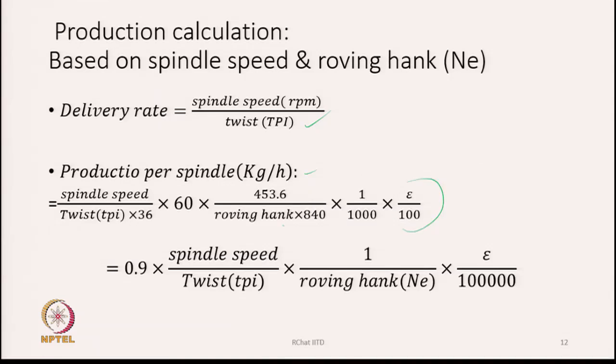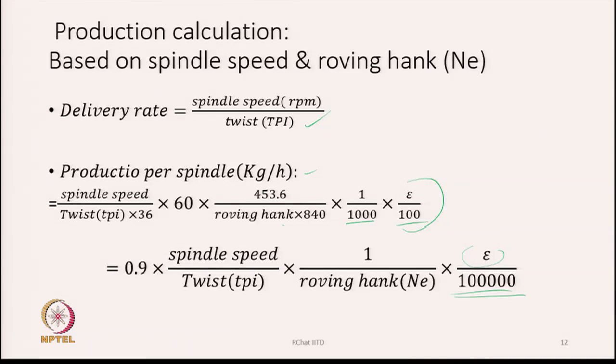That will give me the production per spindle in kg per hour. And if I simplify this, I will get 0.9 into spindle speed by twist into 1 upon roving hank into the efficiency part, and we get a figure 1000 into 100. So, we get 100,000 in the denominator, and this will give you the production per spindle in kg per hour.